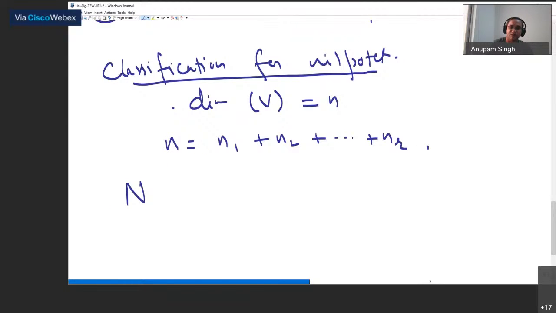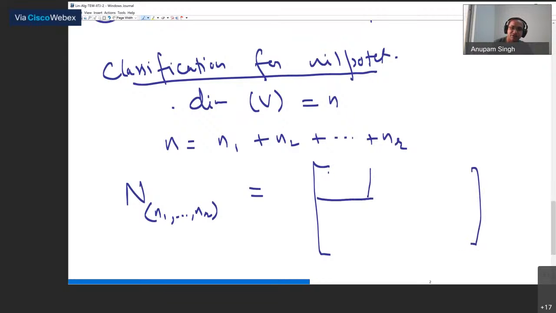Suppose this partition is n1 up to nr. This nilpotent matrix would look like a block diagonal, where 0 on the diagonal and 1, 1, 1 above the diagonal and all other zeros. This is of the size n1 by n1. And similarly, a block for n2 and so on, similarly a block for nr.